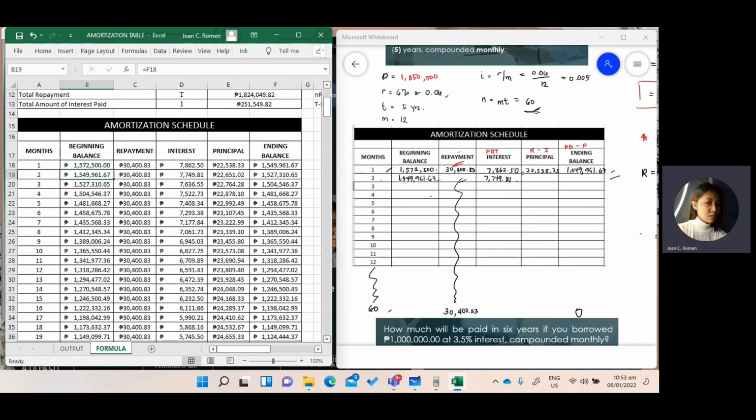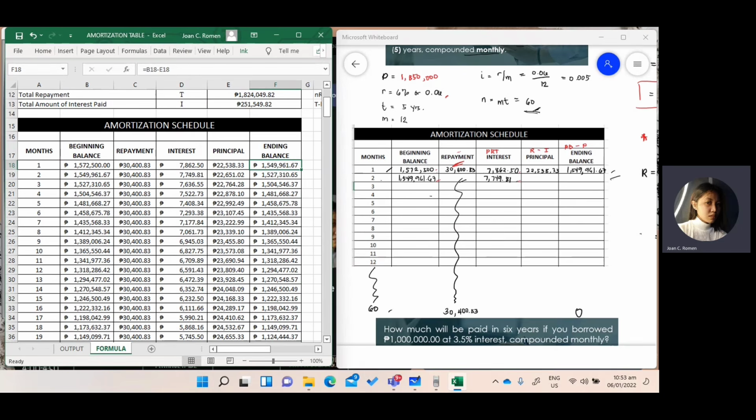Okay, and then yung interest, ayan, 7,862.50, and then yung sumunod na buwan, 7,749.81, which is same pa rin. Okay, and then yung principal, tulad lang naman, and then yung ending balance, same lang din yung nakuha natin.